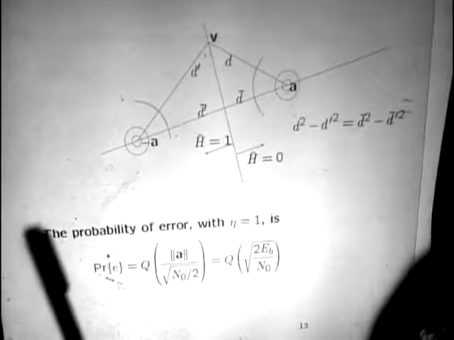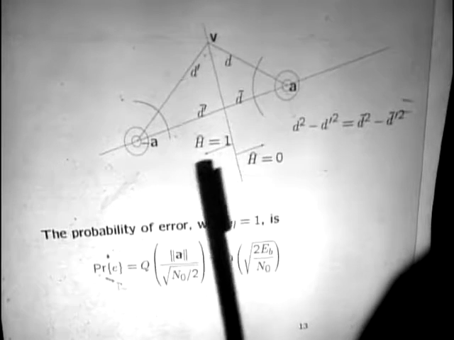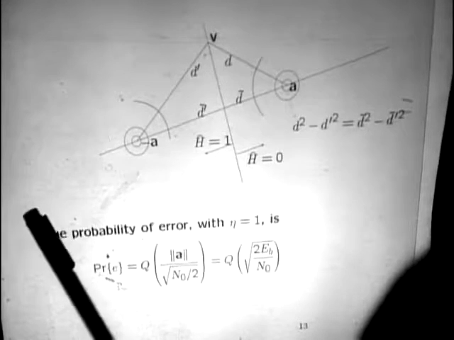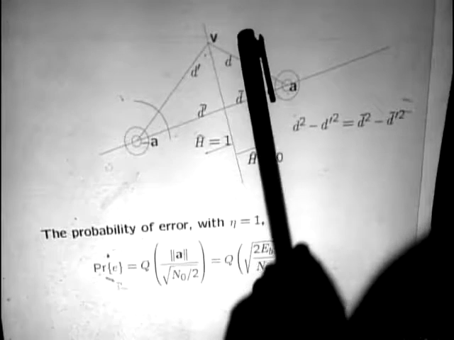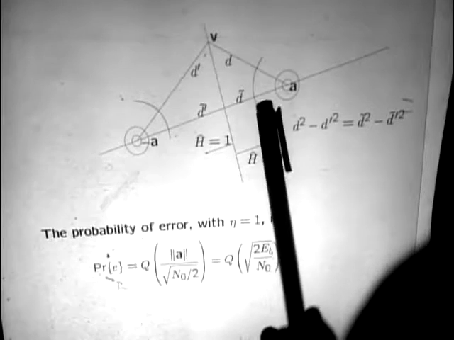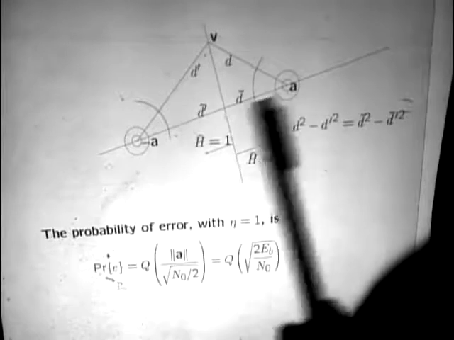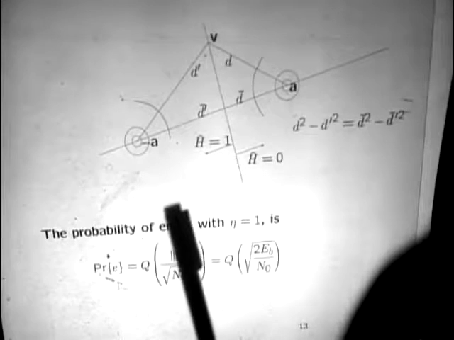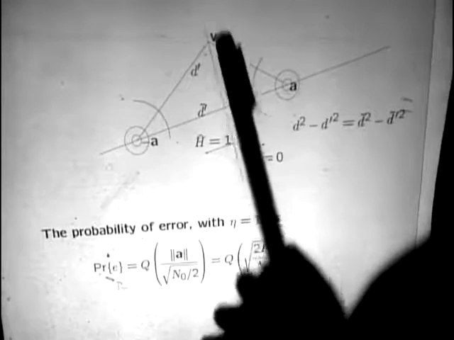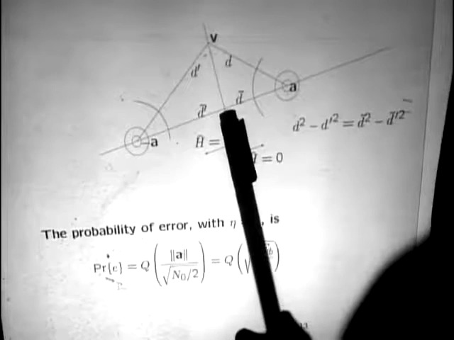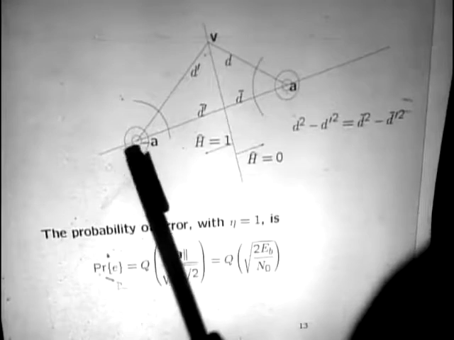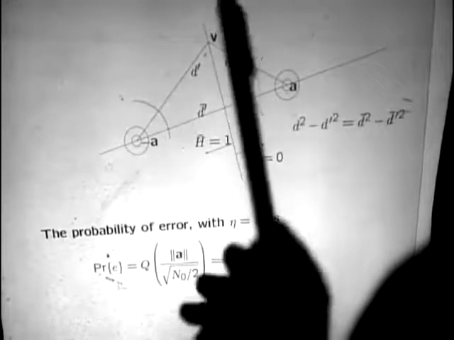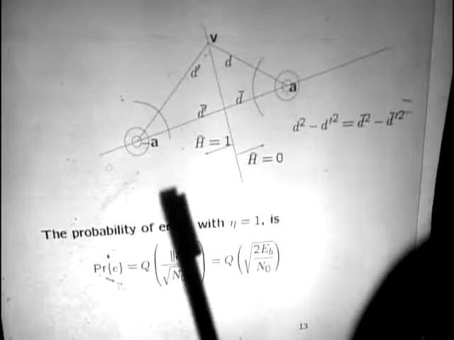If you're trying to do maximum likelihood, and we already know we're supposed to calculate the inner product, what the inner product is going to do is take whatever V that we receive and project it onto this line between 0 and A. So if I got a V here, I'm going to project it down to here. And then I'm going to compare the distance from here to there with the distance from here to there, which says first project, then do the old decision in a one-dimensional way.